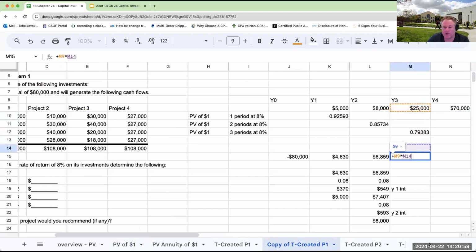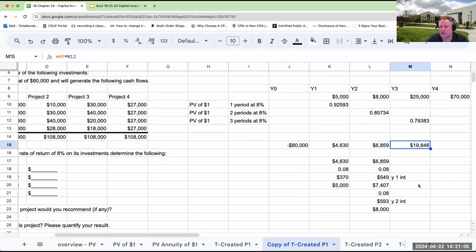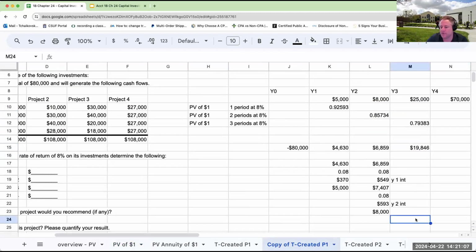Coming over here, 25,000 times 0.79383, or this amount is worth in today's dollars, 19,846.